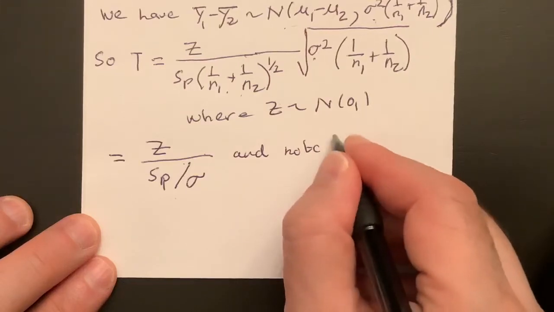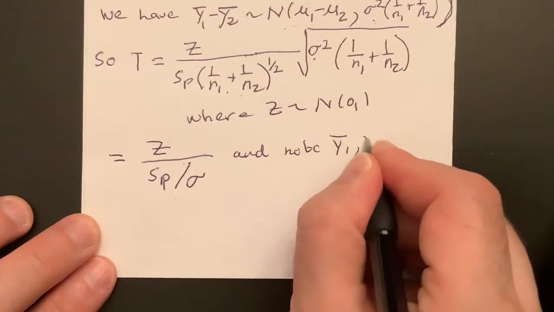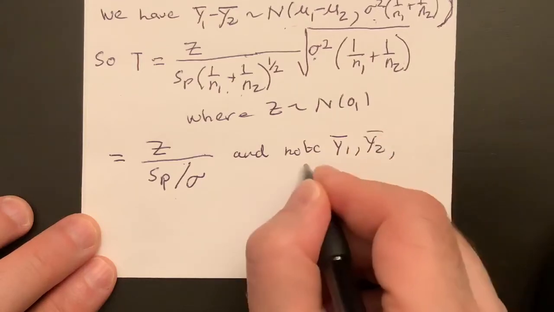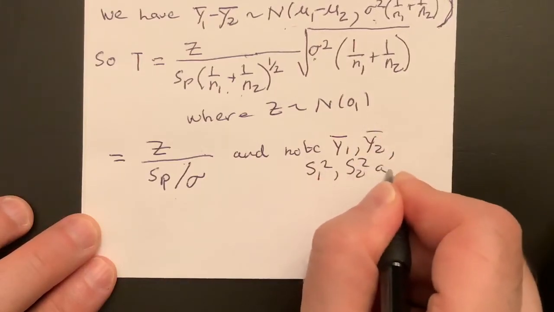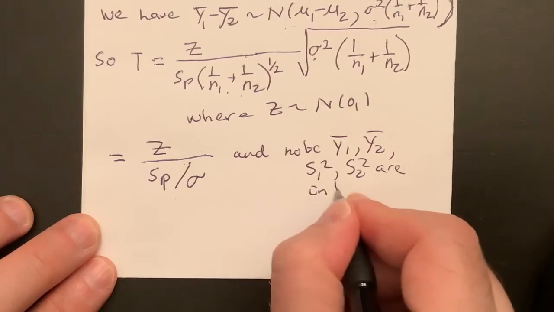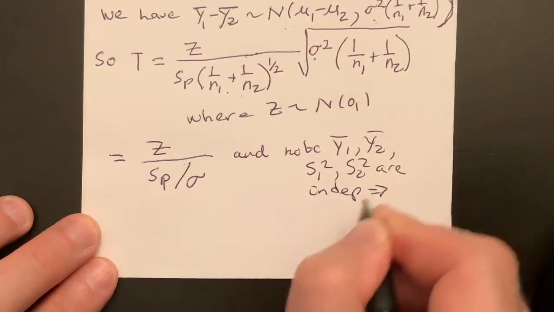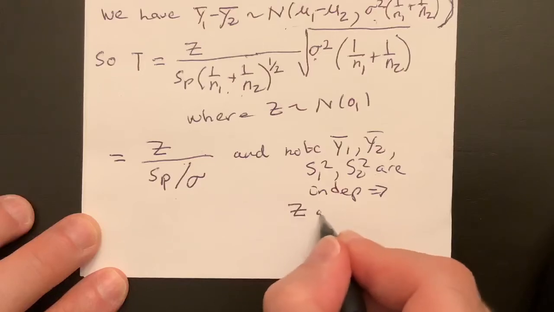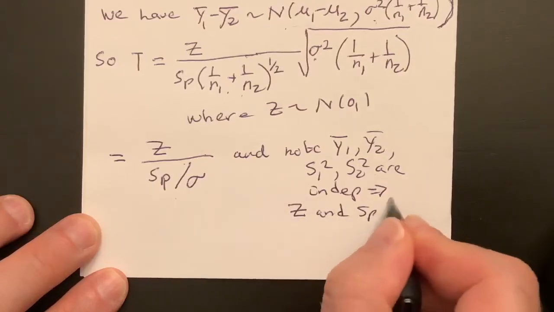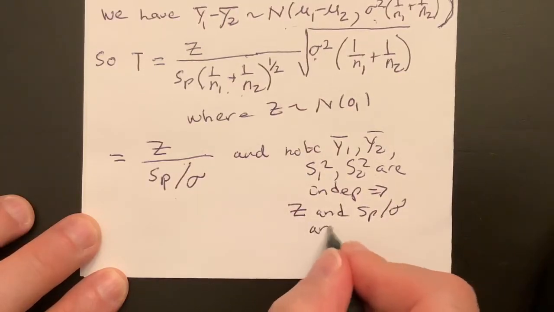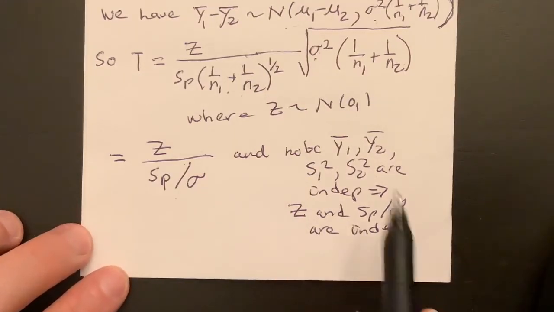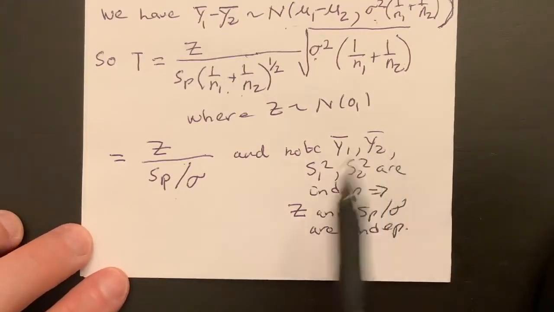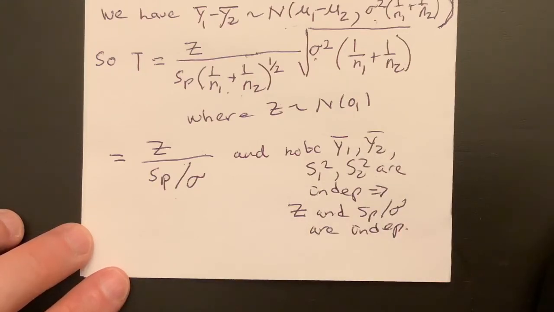Since Y1 bar, Y2 bar, and S are independent, this implies Z and Sp over sigma are independent. Okay, we never actually showed this independence in class, but we did mention it much earlier in the course.